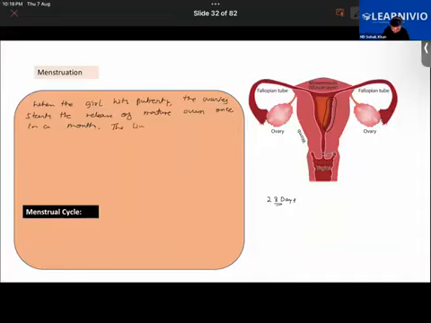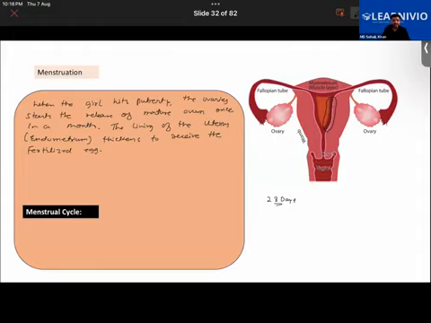The lining of the uterus, that is simply called the endometrium, thickens to receive the fertilized egg.